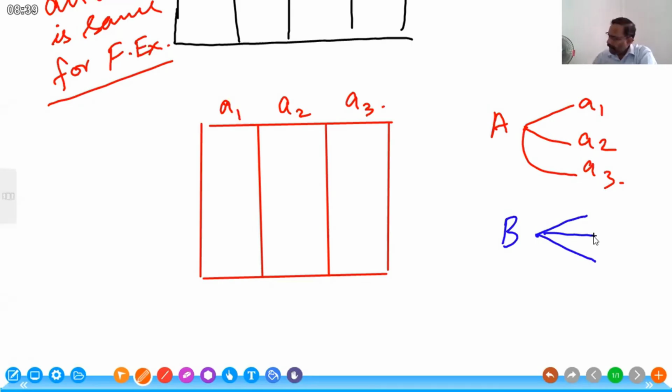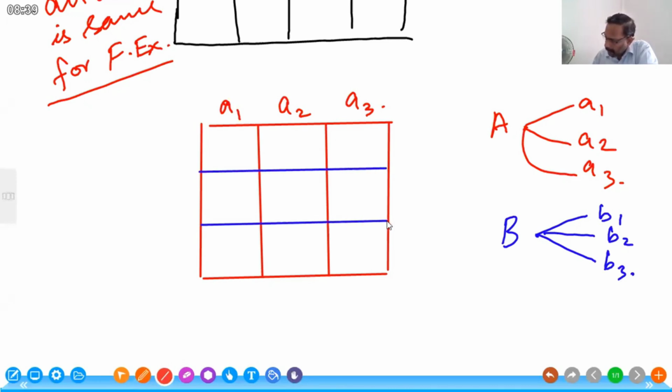Factor B, again, let's say B1, B2, B3, before randomization.